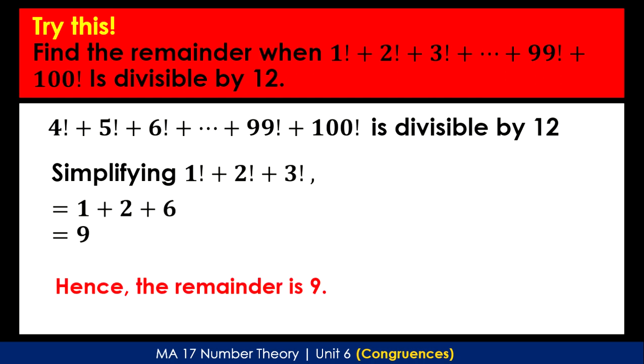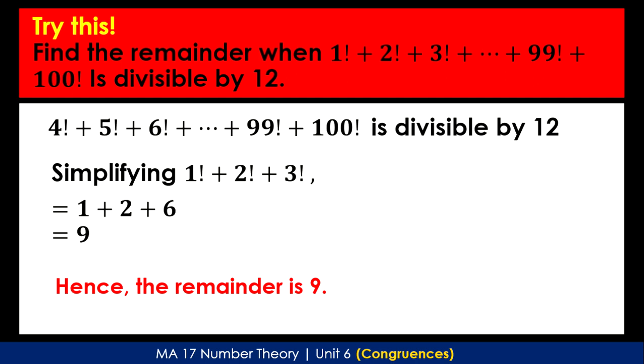So the remainder when 1 factorial plus 2 factorial plus 3 factorial up until 100 factorial is divided by 12 is 9.